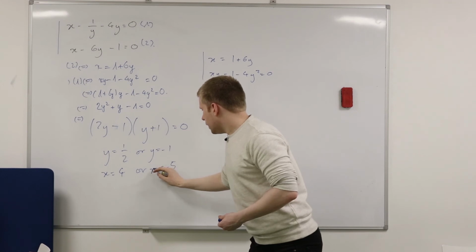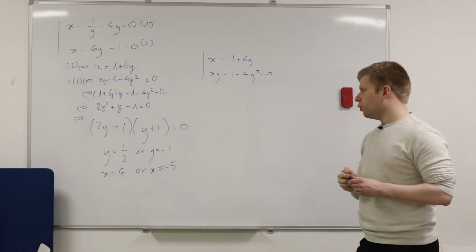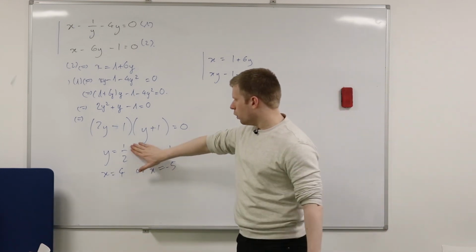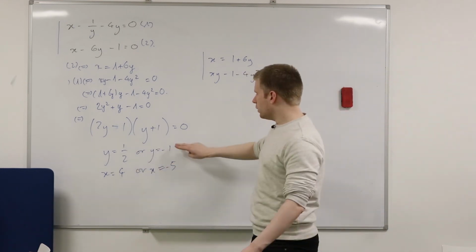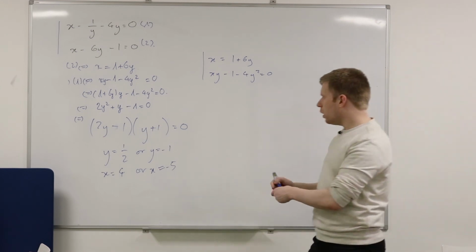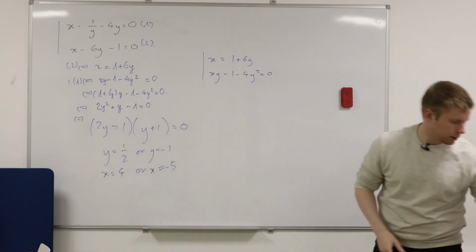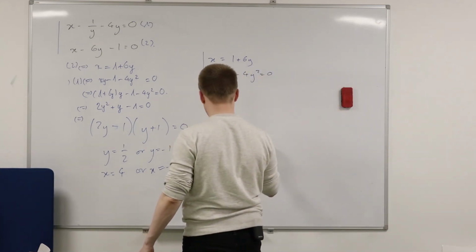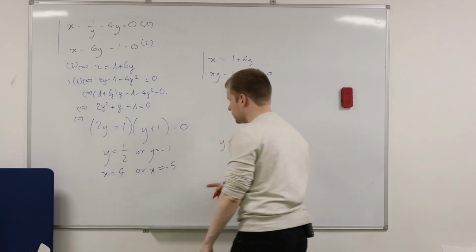Okay. Now, just a word of warning. When you've got two sets of solutions, so you notice here you've got a y and a corresponding x, and a y and a corresponding x. Always try and match them up. So, for example, do not do this. Do not go y equals 1/2 or y equals -1, just like you did here.